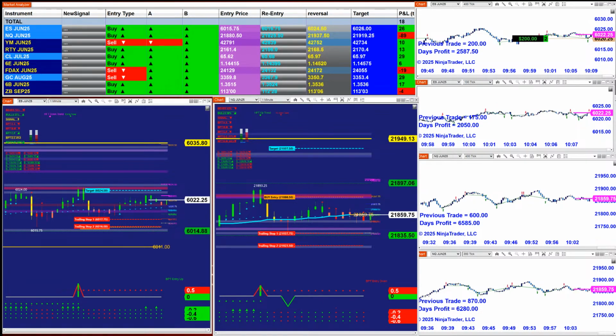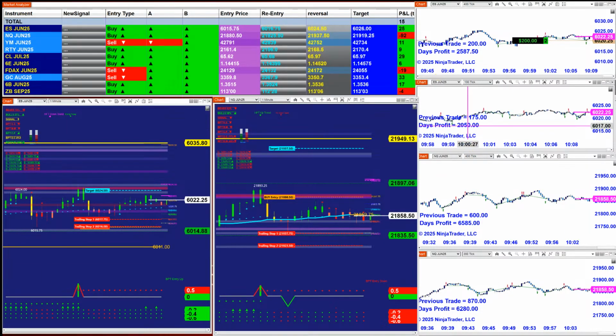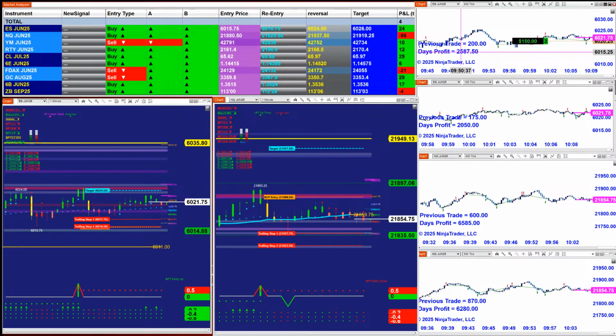Now we crossed the 2000 on the ES 100 tick, and we're still on that trade because it's a bigger time frame. So we crossed the 2500. Most likely we crossed the 2600. Let's see.